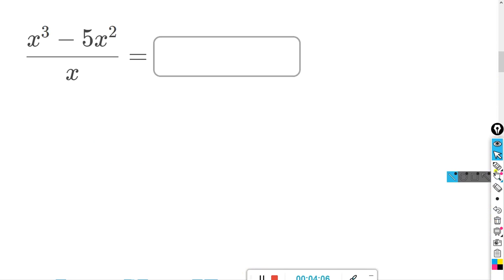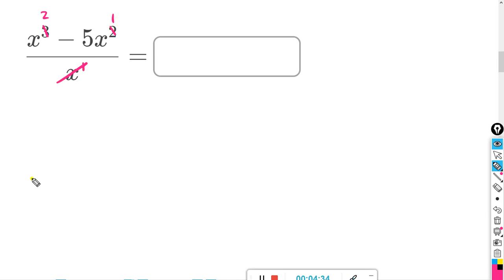Now, since all of these problems are being divided by x, which is the same as x to the first power, really the only thing you have to do is subtract 1 from each of these exponents. So x to the third becomes x squared, and x squared becomes x to the first.